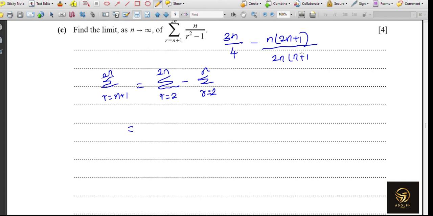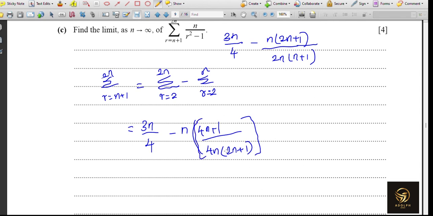For that, the 2n is going to affect only the second term. So the first term is going to remain the same. It's going to be 3n divided by 4 minus, in the upper value n will become 2n, and this n is going to remain the same because that is the numerator n, and in the nth term, whatever n we have, 2n will become 4n plus 1, whole divided by 2n will become 4n, and this n will become 2n plus 1.